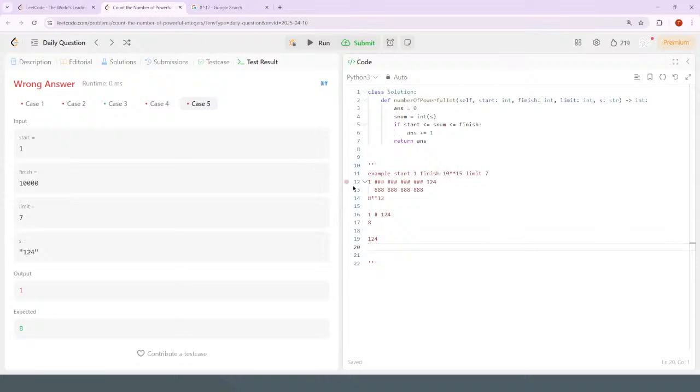Oh, I think it's because I'm actually going above. If it's 10,000, it shouldn't actually have all these zeros and then 124. So that counts as pretty much all the zeros in 124. And that's the only one that actually goes out of bounds in that fashion, I think.